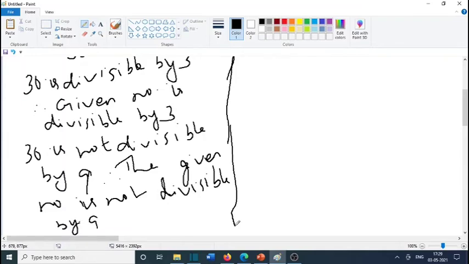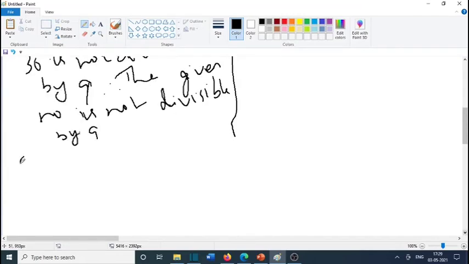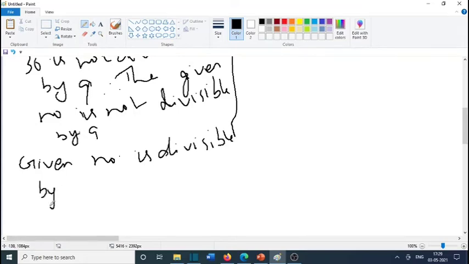Combining both, the given number is divisible by 3 but not by 9.